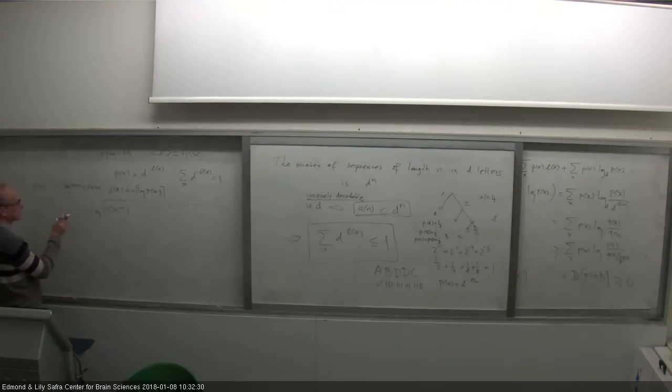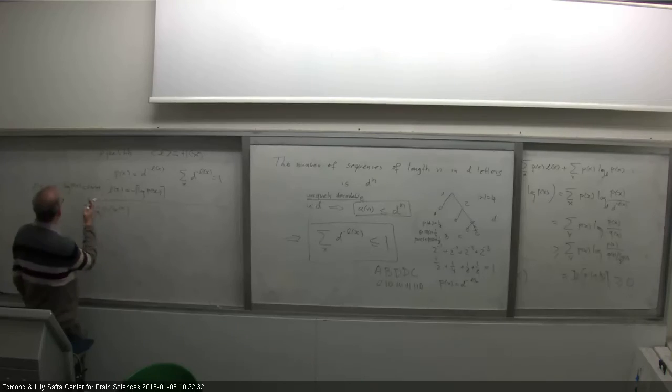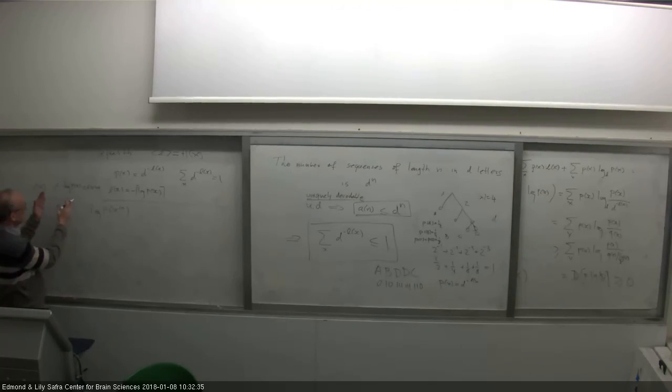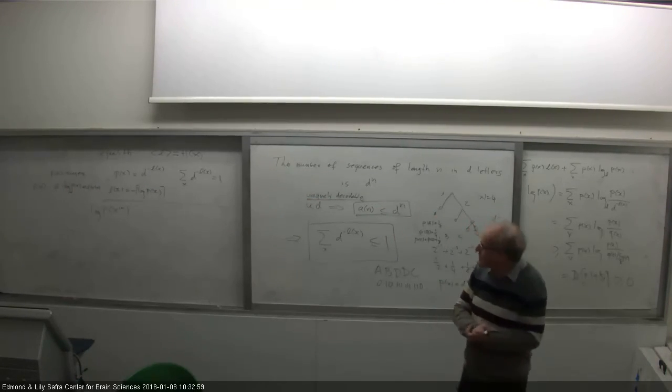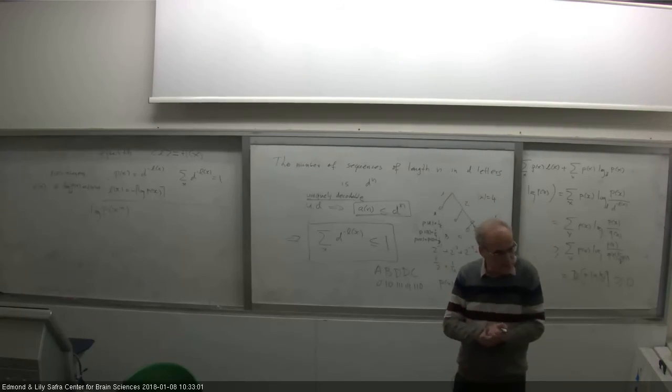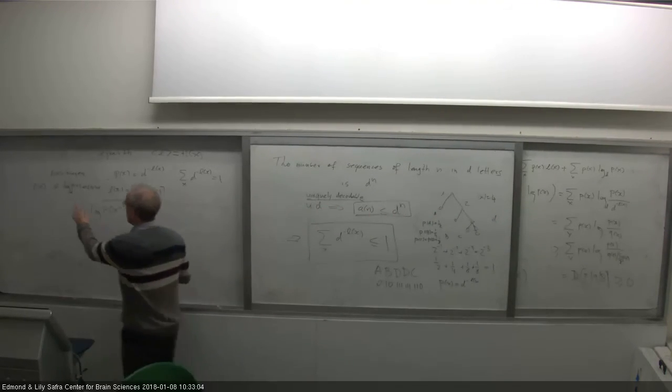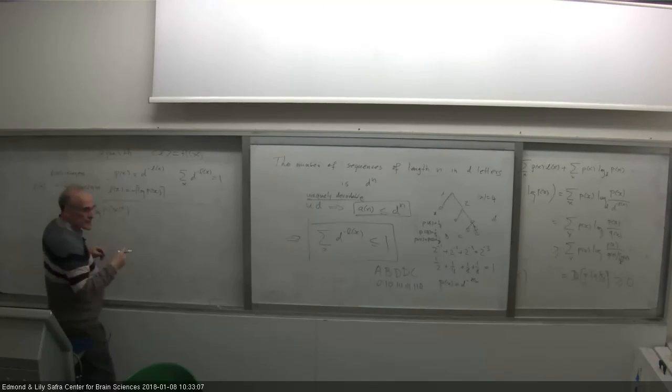This is what the ceiling means. I'm rounding it to the next integer, so it is less than or equal to Lx plus 1, where Lx are integers. If I can write minus log of p rounded between two different integers, then I'm fine. So the question is how tight I can make it. This is the meaning of the ceiling. I round it to the nearest possible larger integer.